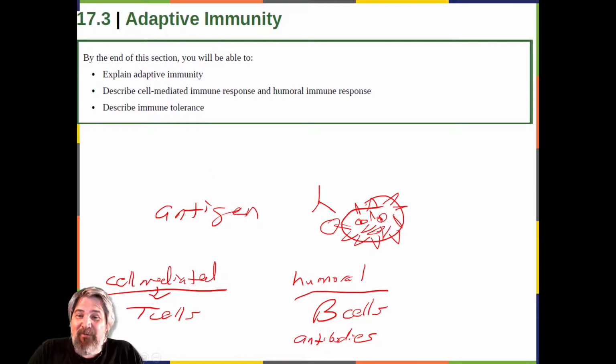Now, adaptive immunity centers around recognition of a pathogen or an abnormal cell. And that circles around the use of the antigen.